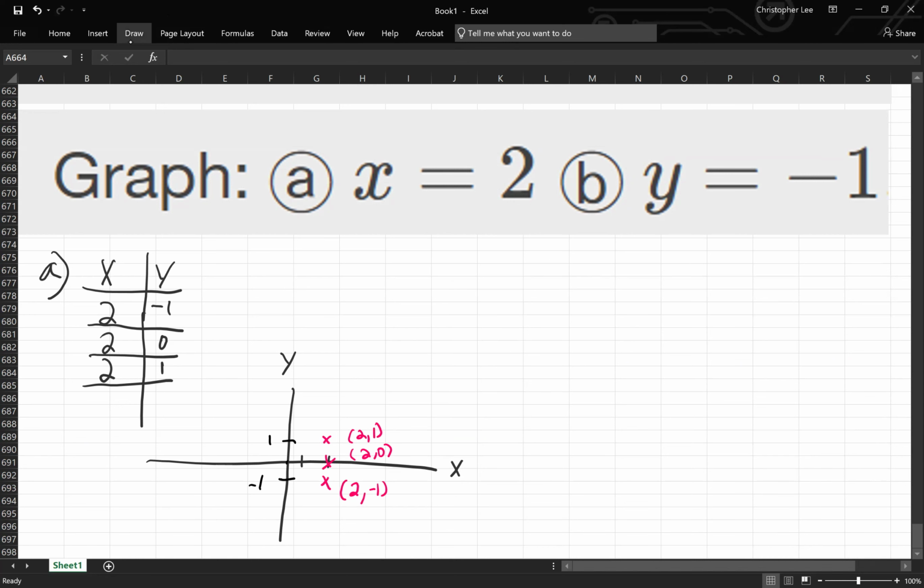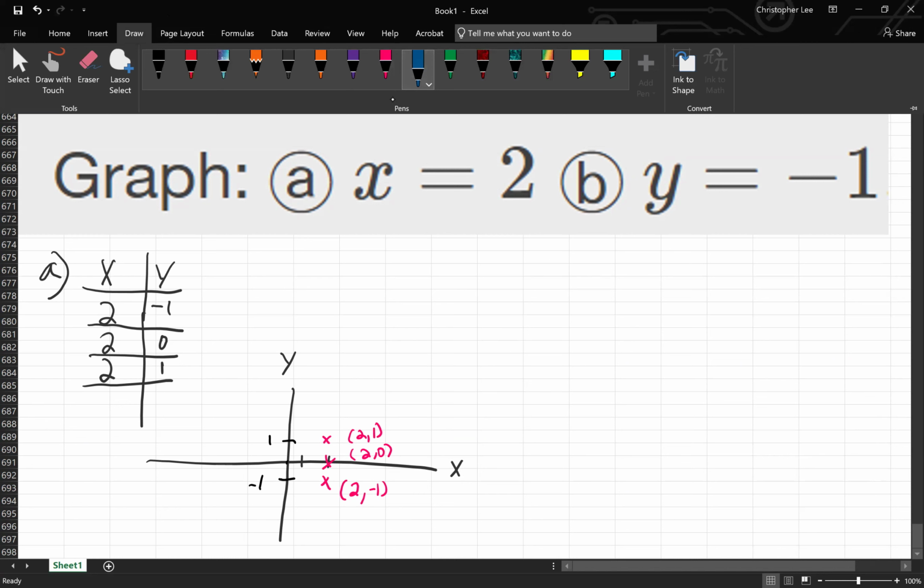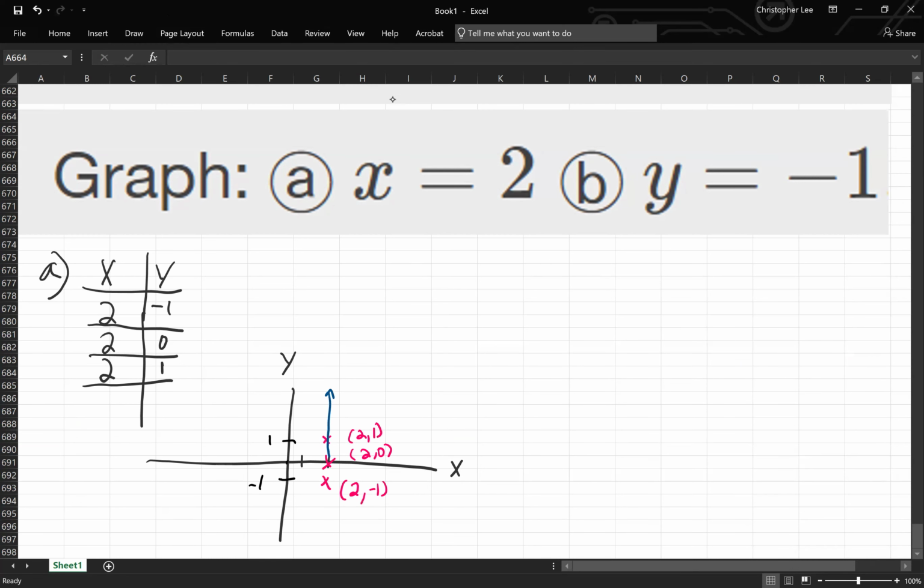And just give me the graph, just like that. And this is x equals 2. That's it. So it's kind of the same process as before, right? Give me the table of values, you plug in the points, you plot the points, connect the dots. That's it.